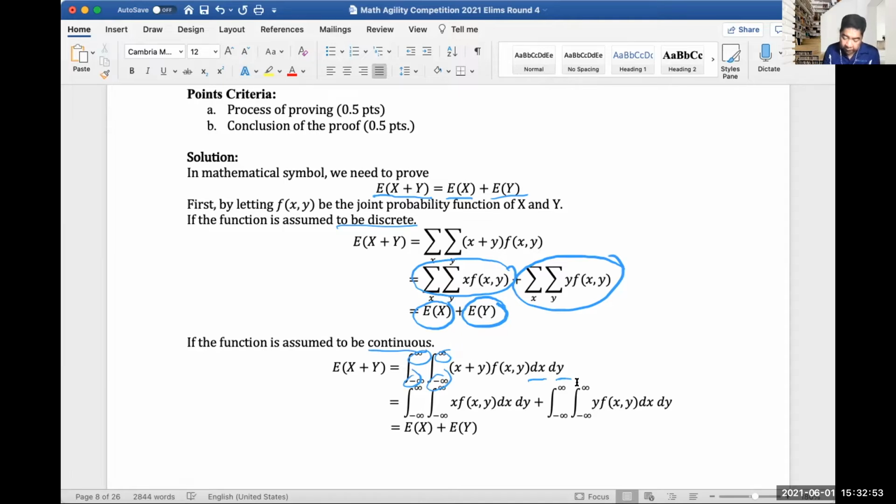One is the part where x times f of x and y, dx dy, and the second term would be y times f of x and y, dx dy. So the first part is the expectation of x, and the second part is the expectation of y. Okay, so we have proven that the expectation of quantity x plus y is equal to the expectation of x plus the expectation of y.